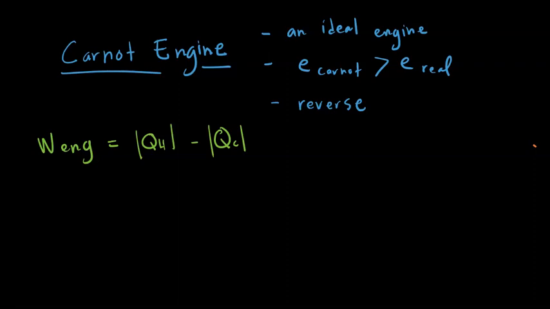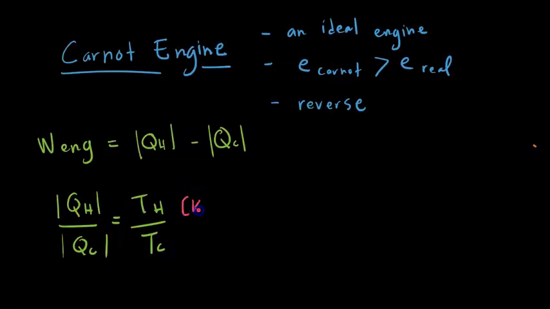And for a Carnot engine, the relationship between thermal energy and absolute temperatures is as the following. QH over QC, modulus, is equal to TH over TC, where TH is in Kelvin and TC is also in Kelvin.